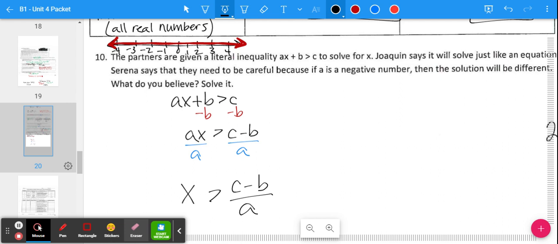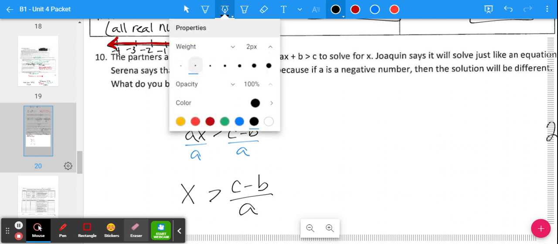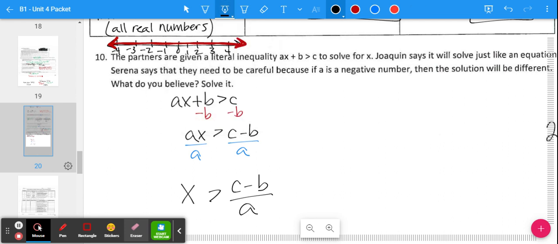So if a were to be negative, we need to put this off to the side. If a were positive, this is how it would look. So I should put if a is positive.